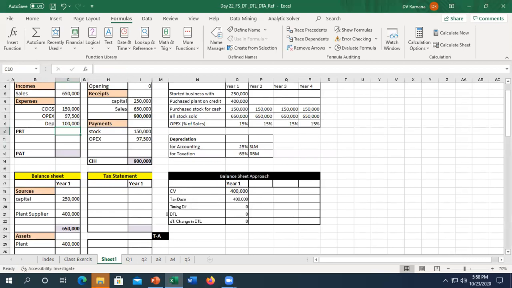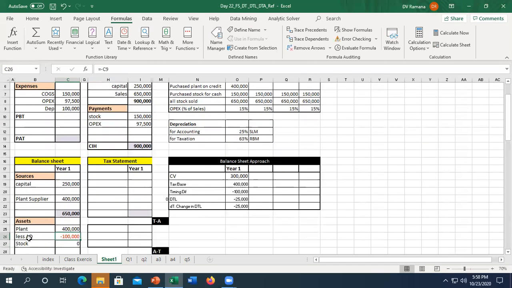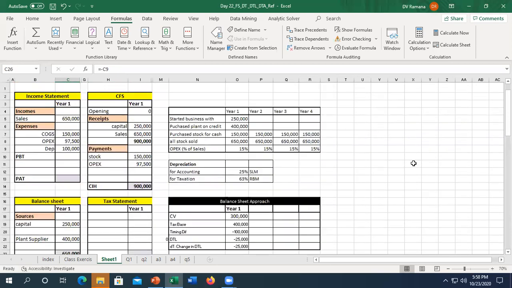So the depreciation in year one is 200,000, which will lead to a reduction in the value of the asset, the asset less accumulated depreciation.